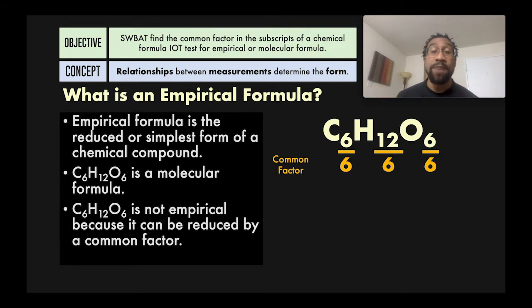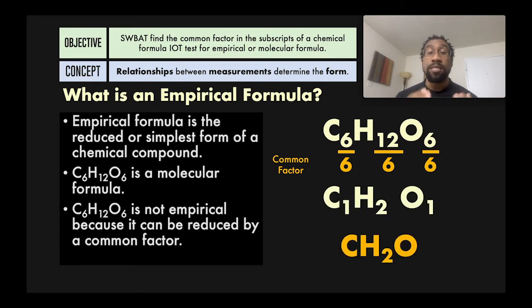So when we divide each of those numbers by this common factor, or the greatest common factor, you can even say that, you get C1H2O1. In chemistry, since we do not typically write the 1, this simply reduces to CH2O.